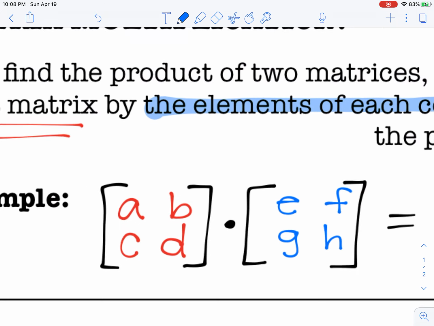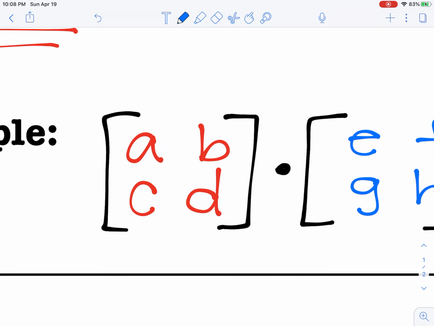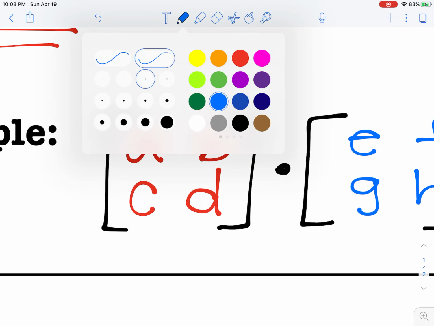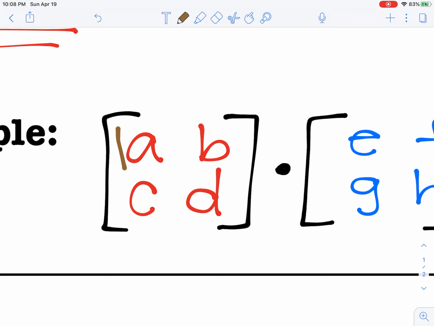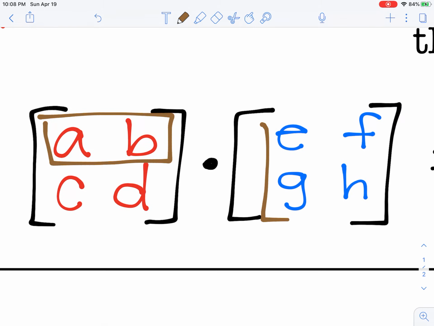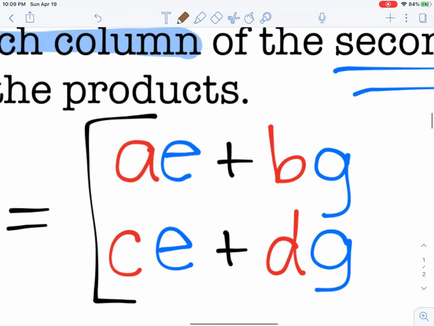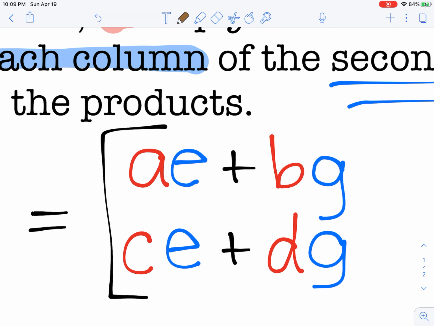So just look at one of our items. Our first row here is A and B, and our first column is E and G. So the first multiplication I would do would be A times E and B times G, and then I would add them together.